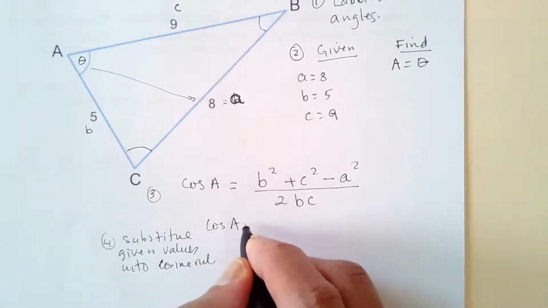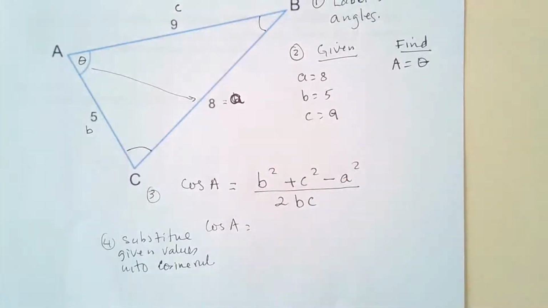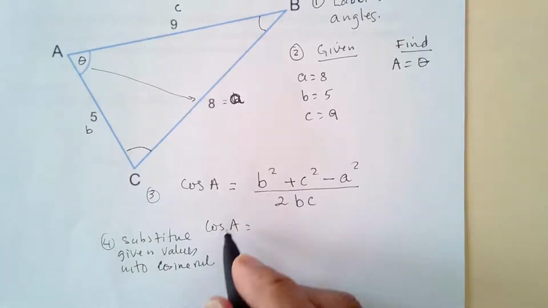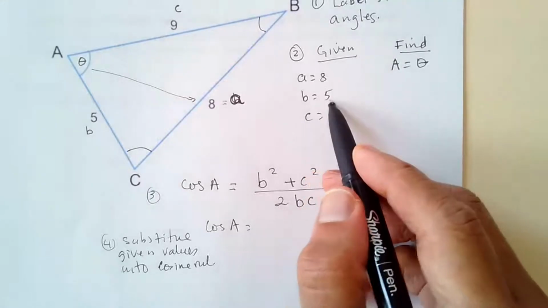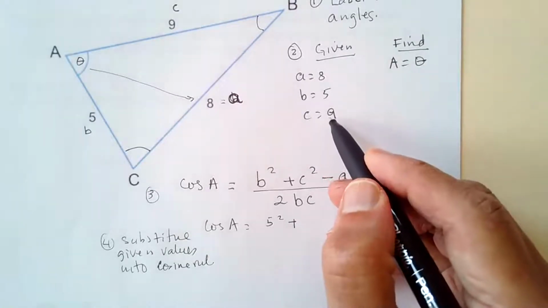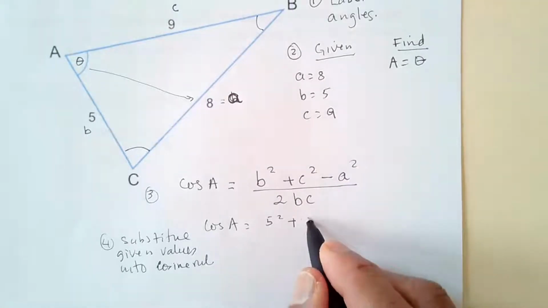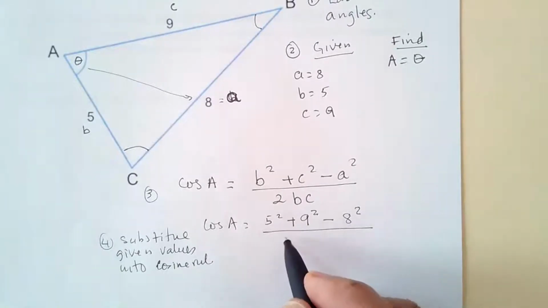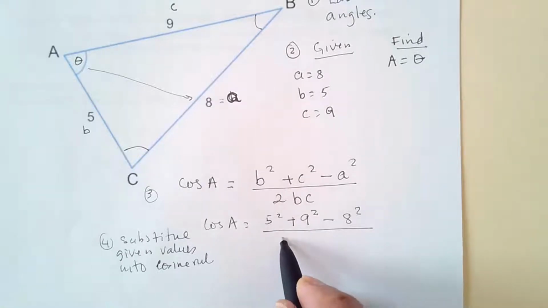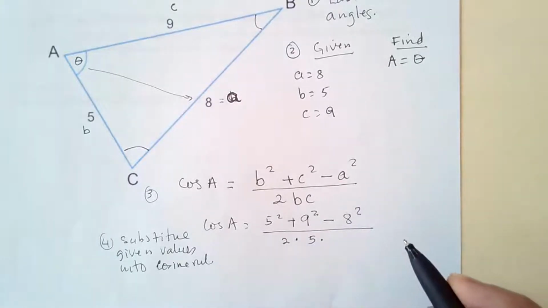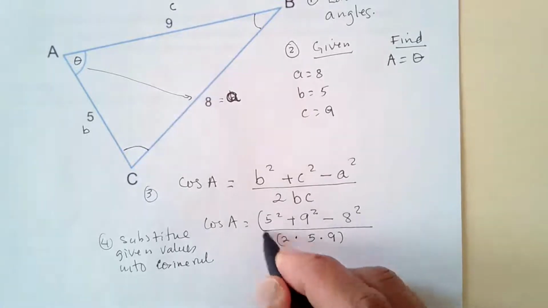So we have cos A. Given b is 5, so we record our b squared. c is 9, and a is 8, divided by 2 times b, which is 5, times c, which is 9. I'll put brackets around these, so group them.